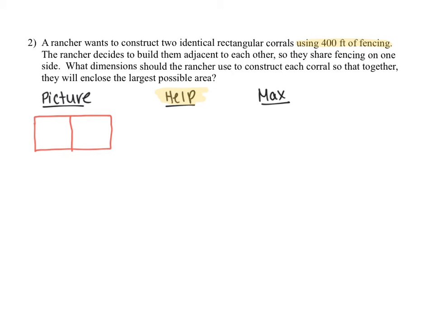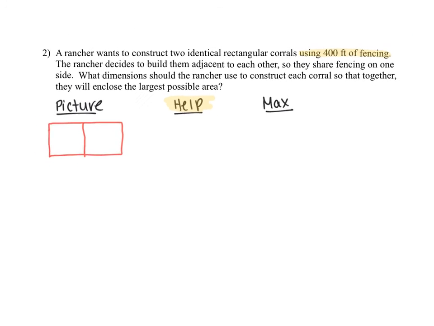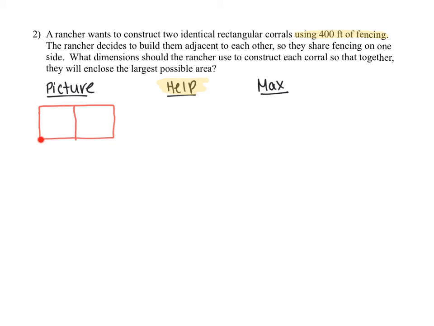So we need to figure out what the dimensions are. You can make this entire thing x if you want, or you can make this smaller piece x. The reason why I'm going to make this smaller piece x is because they want to know what dimension should the rancher use to construct each corral.